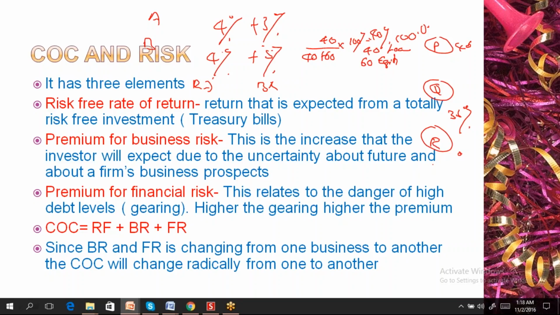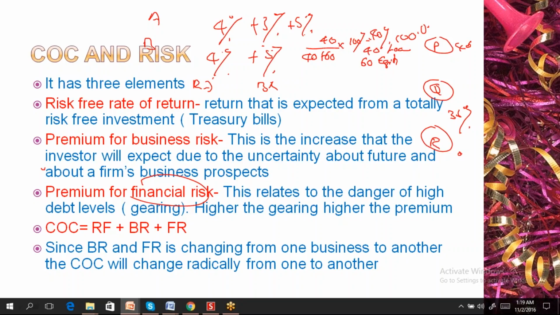Now that gearing is called the financial risk. So you can see in this particular case, the company P has the higher risk. If you are an investor in company P, in addition to the business risk, in addition to the risk-free rate, you will expect another additional premium because you have a gearing, say 5%, for example.